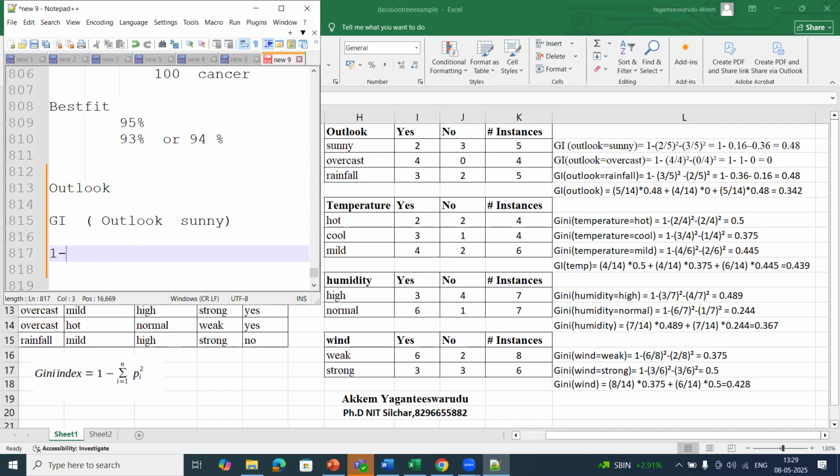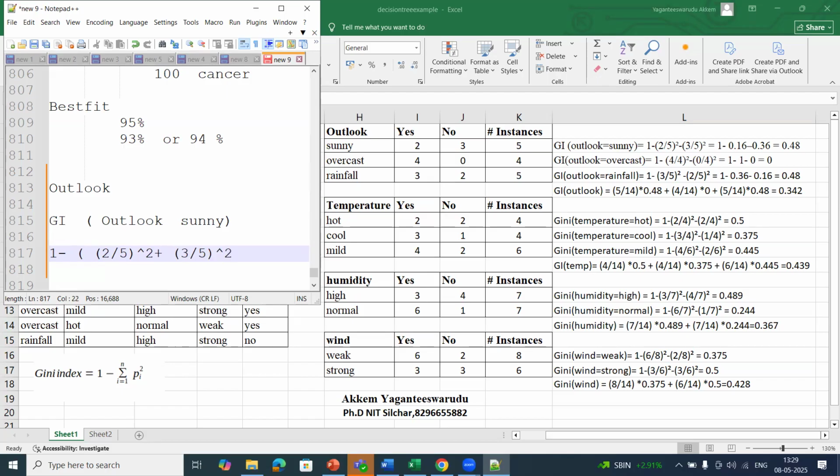1 minus. So what is the probability of yes? So how many yes? 2. And total how many instances? 5. 2 by 5 whole square. So maybe summation, right? I can put everything in a parenthesis. So whole square plus. So what is the probability for no? So that is 3 by 5. 3 by 5 whole square.